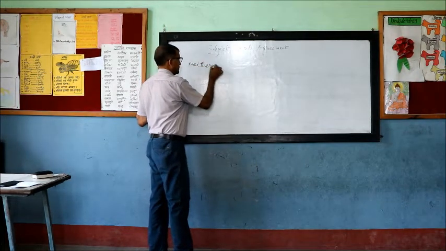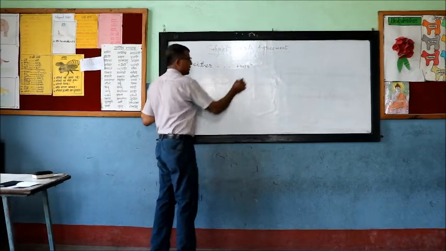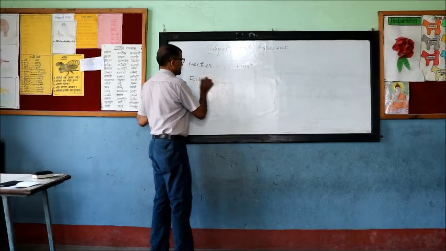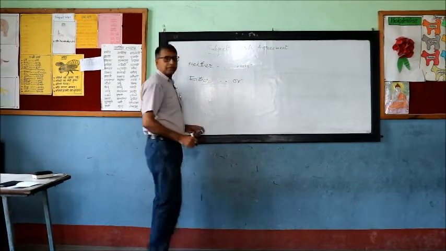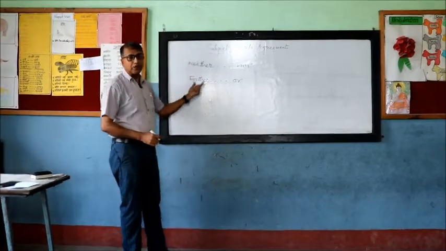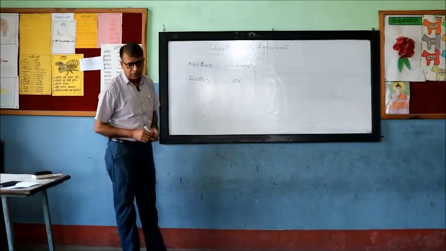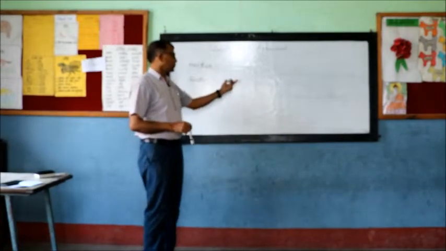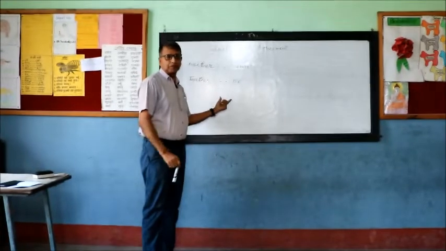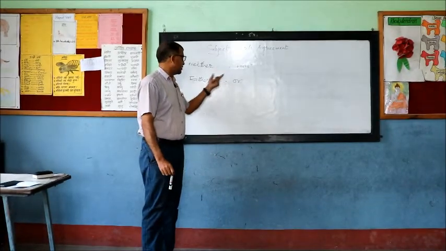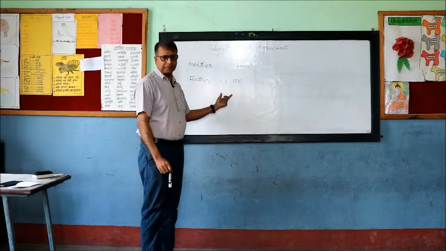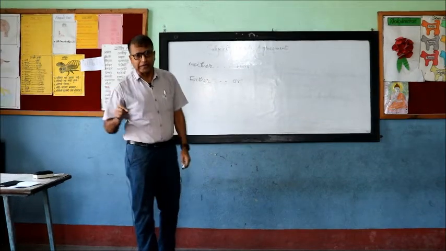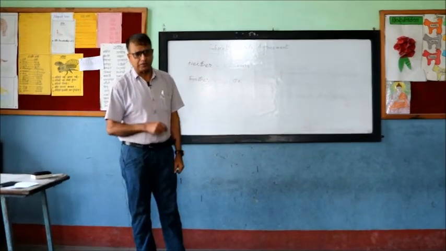If you find neither nor, either or in the sentence, then the verb agrees to its nearest subject. If you find neither nor, either or, you will find two subjects. And in this case, the verb agrees to its nearest subject.